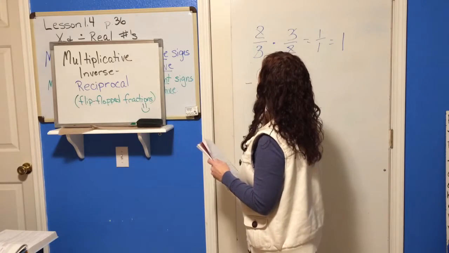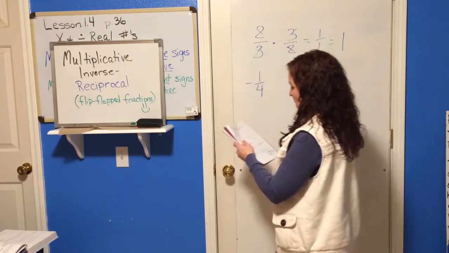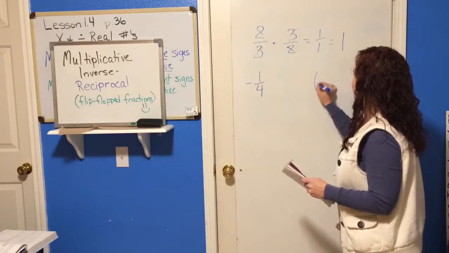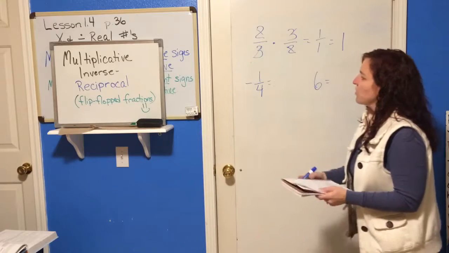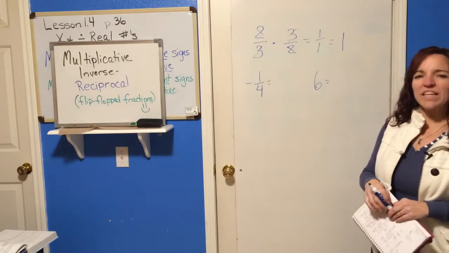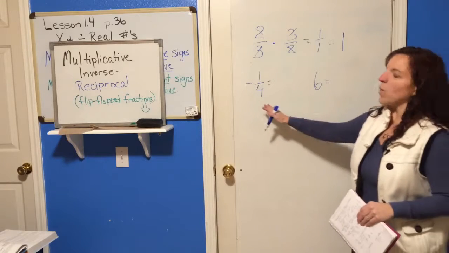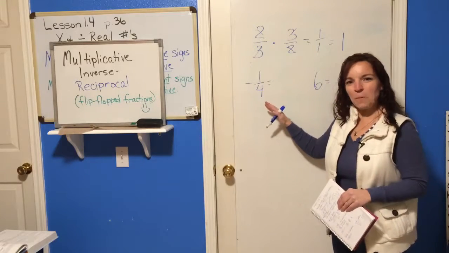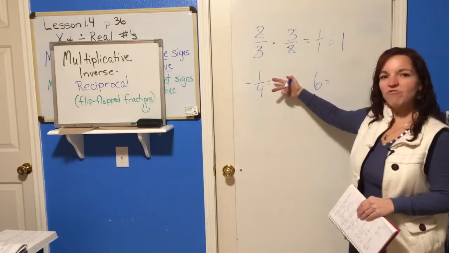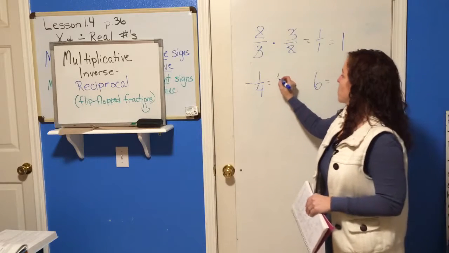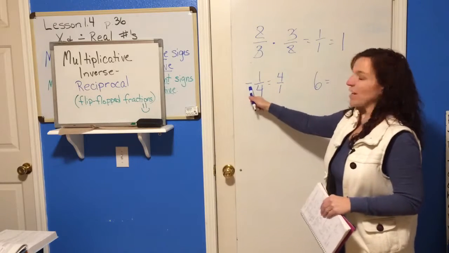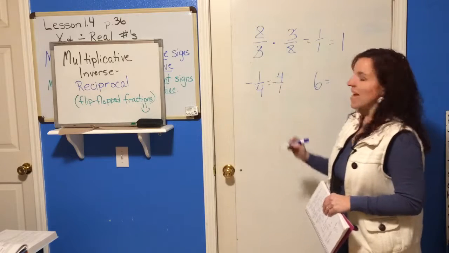Let me give you -1/4 and 6. Can you find the multiplicative inverse of -1/4? Well, sure you can. You're just going to flip the fraction and have 4/1. Don't forget that it started out negative, so it has to stay negative.